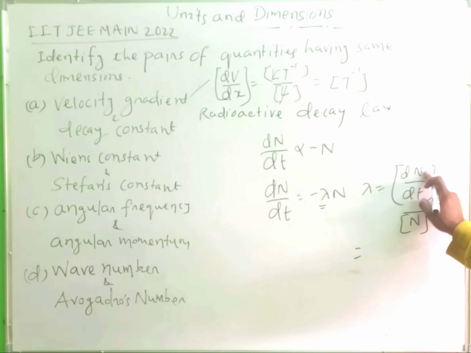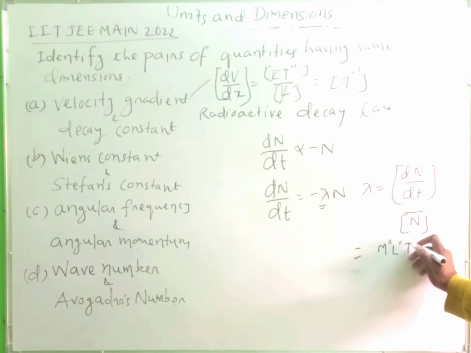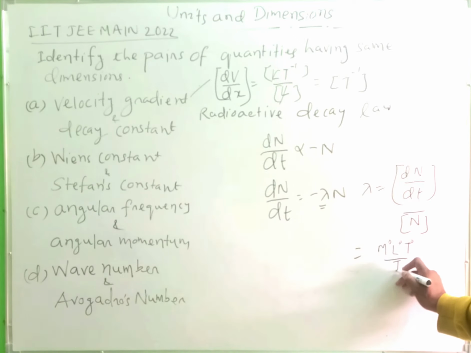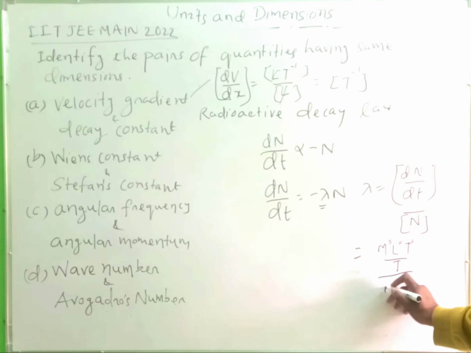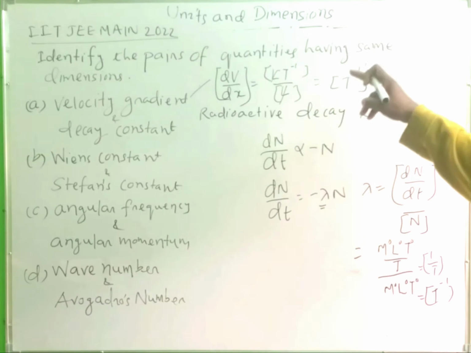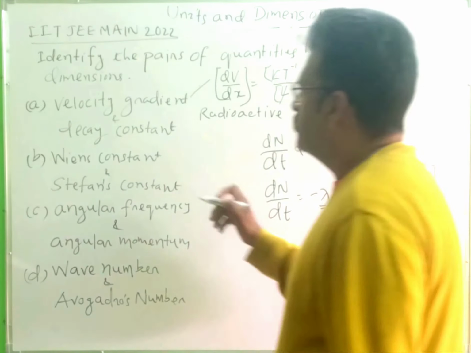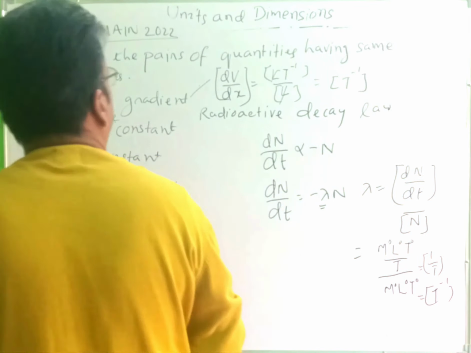So student, this is a number, so this is M0 L0 T0 divided by T, and this is simply M0 L0 T0, because this is also a pure number. So this is 1 by T, and thus T to the power minus 1. So we can see velocity gradient and decay constant have the same dimensions. Okay, students? So option A is correct.